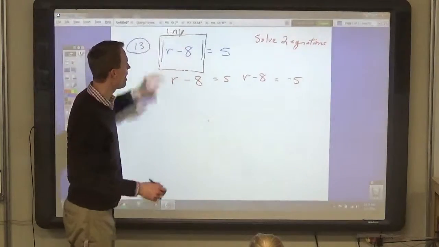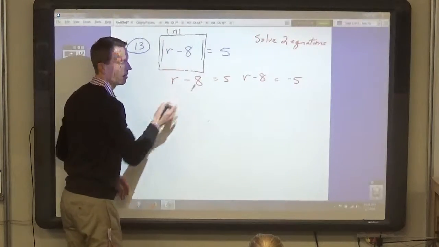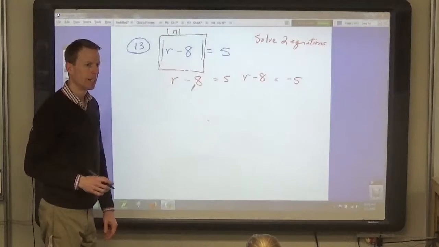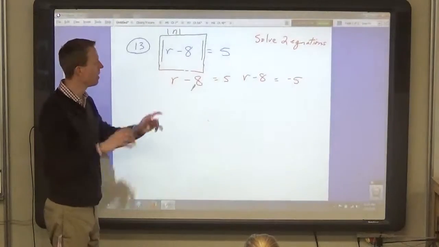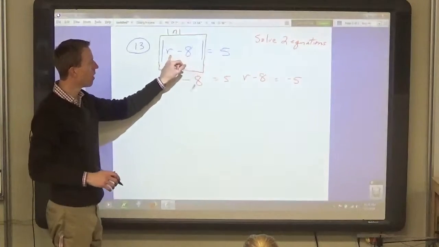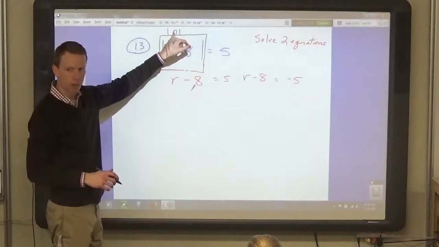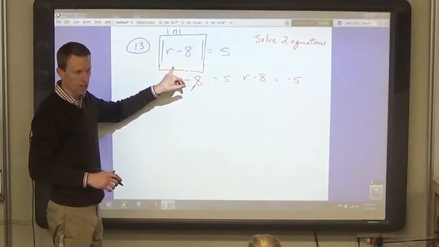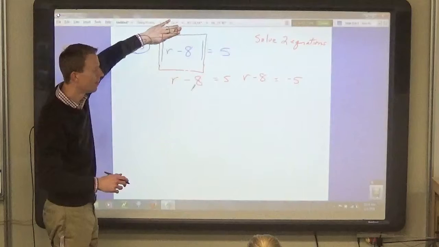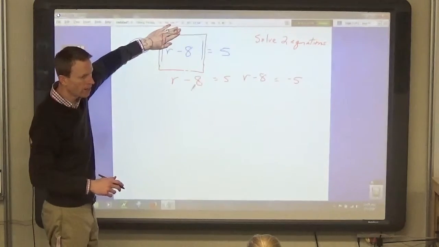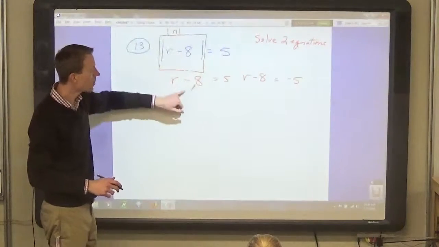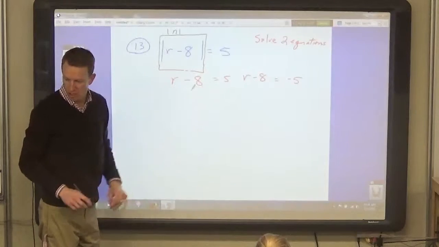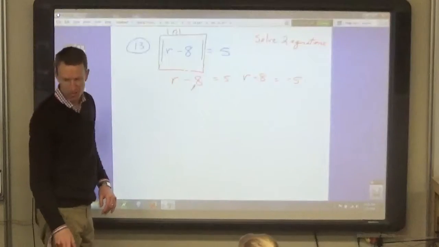So instead of using n, we're going to use R minus 8. It's the same thing we did previously, but now instead of just one number being inside the absolute value bars, we have two numbers in there. So ignore n, because that's just another way of thinking about it, and solve these two equations for R.